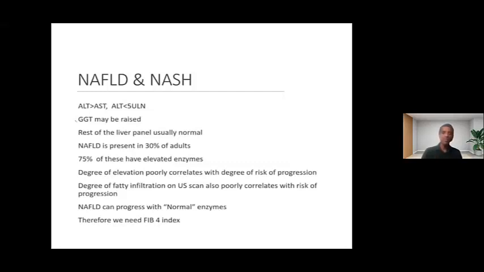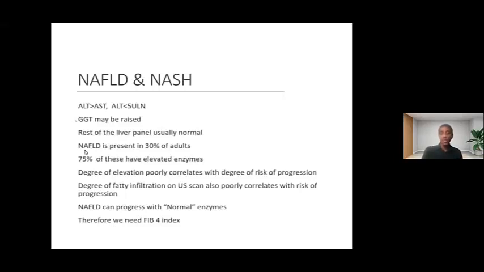Again, the degree of fatty infiltration on ultrasound scan also correlates poorly with the risk of progression, because sometimes you see patients with grade 3, grade 1, or grade 2 fatty liver. It very rarely tells you about the outcome unless there is a component of fibrosis.